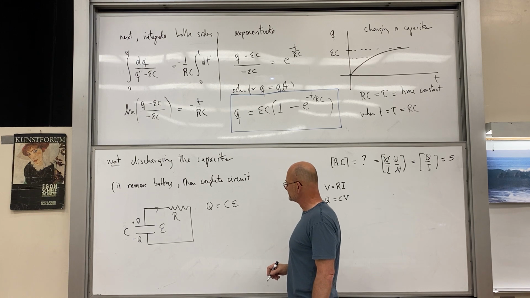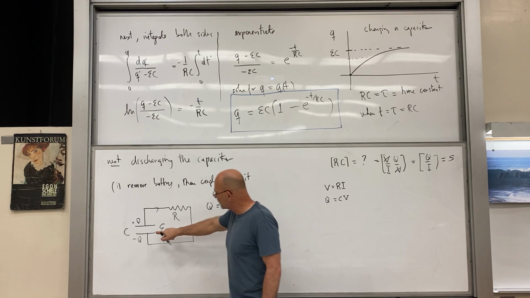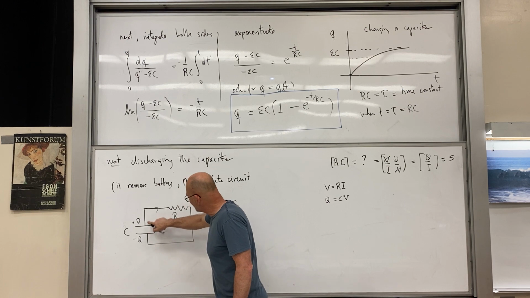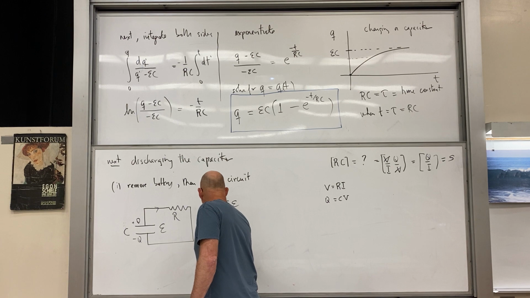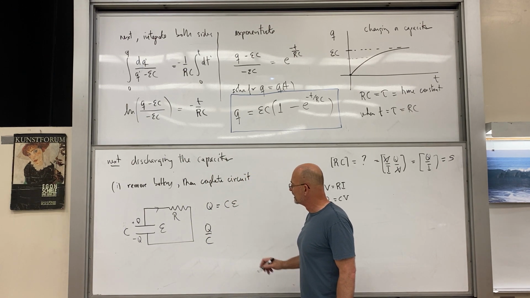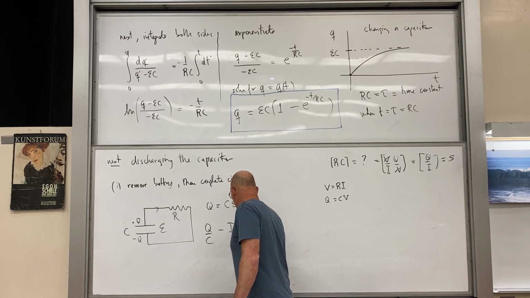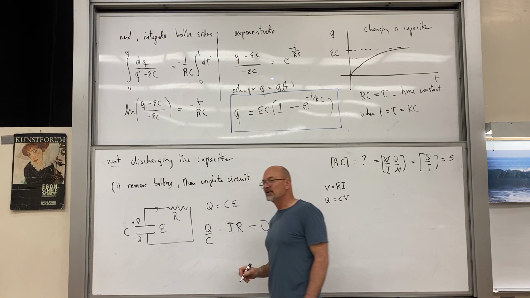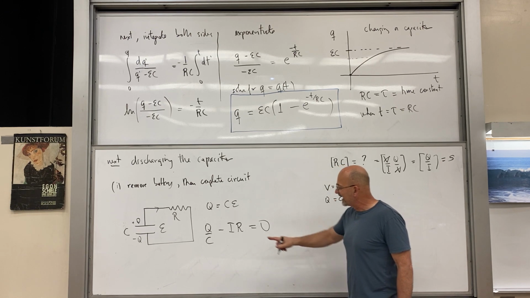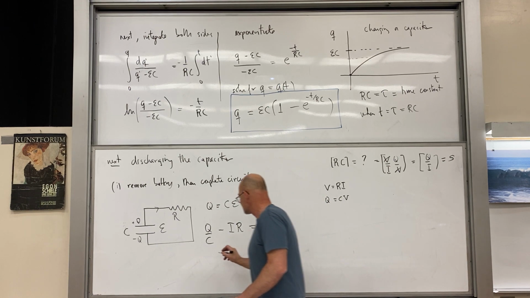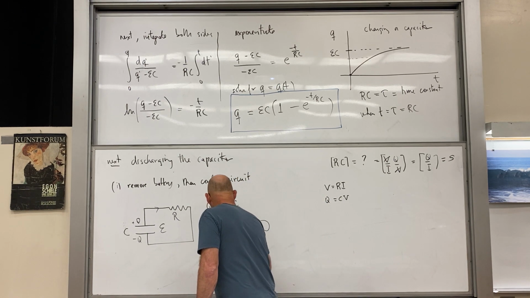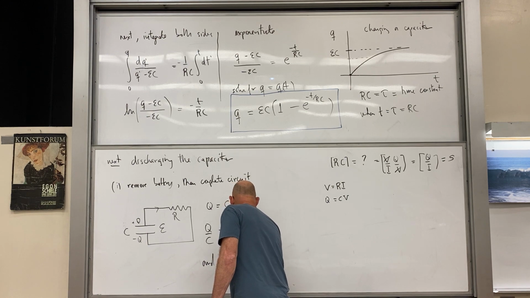So in terms of Kirchhoff's rule, we're going to cross this thing here. We're looking at Q over C minus I times R is equal to 0. And again, we're going to have I as dq dt.